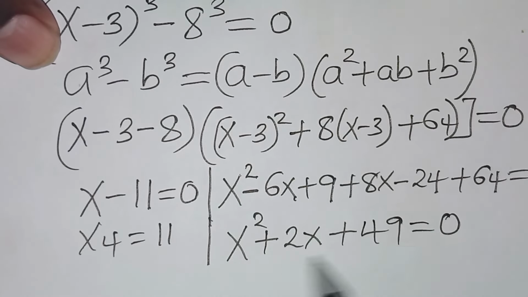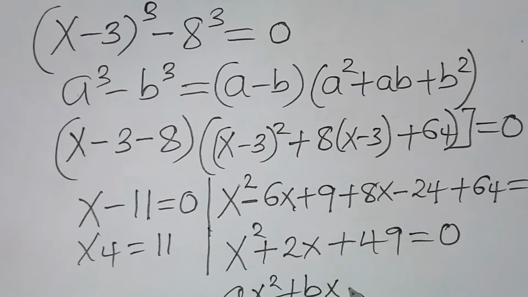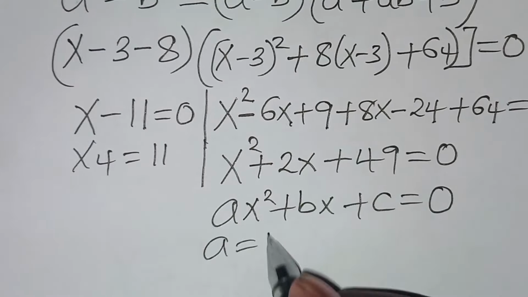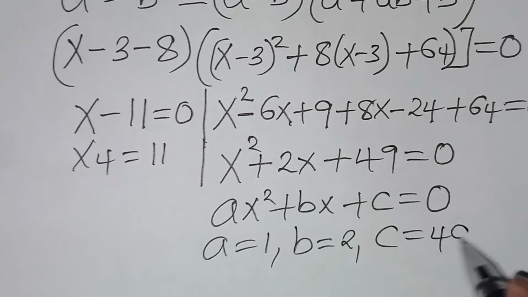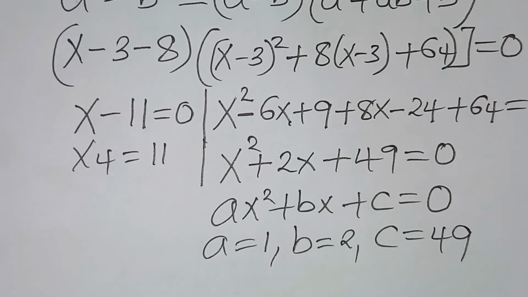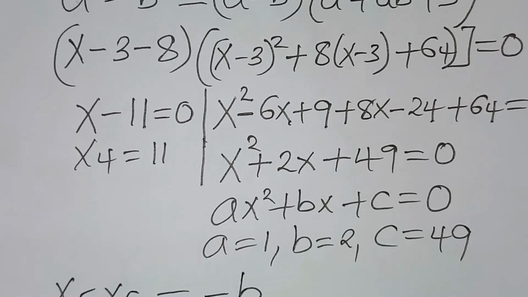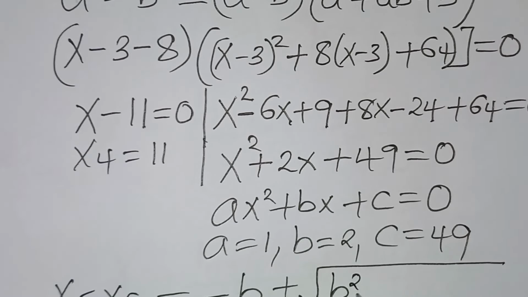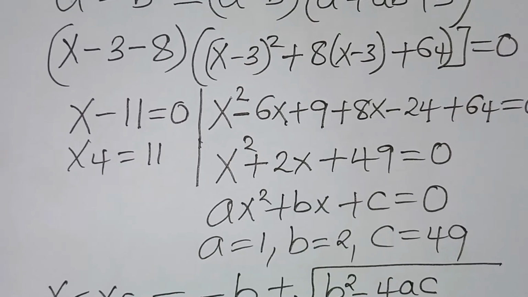Now, here we have a quadratic equation of the form ax squared plus bx plus c equal to 0. Now, here a is equal to 1, b is equal to 2, and c is equal to 49. So let's solve for x5 and x6 by applying the quadratic formula, which is minus b plus or minus the square root of b squared minus 4ac, all this divided by 2 times a.